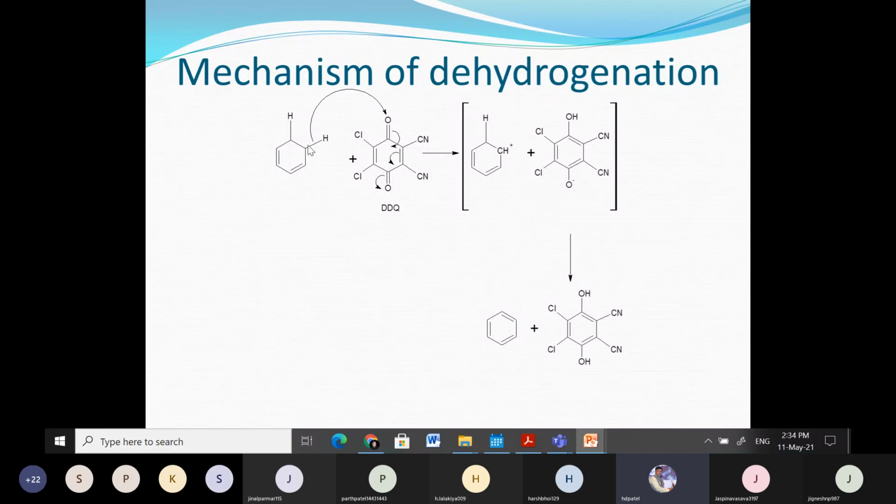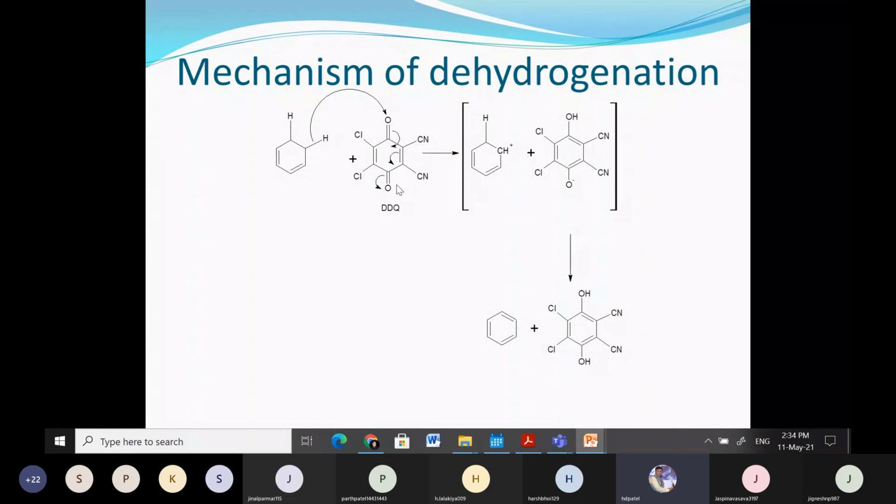So when we carry out a reaction by DDQ, what happened? First of all, in DDQ resonance we can observe. Why can we observe the resonance? Because oxygen is attached to a carbon having a double bond, then single bond, double, single, double. So conjugation of bonds is there.